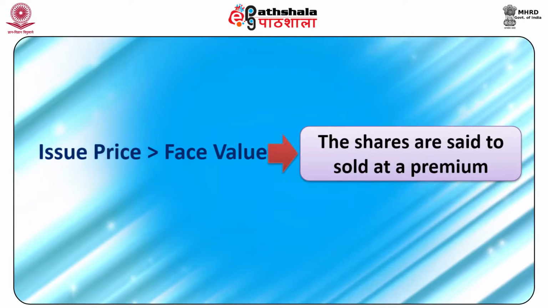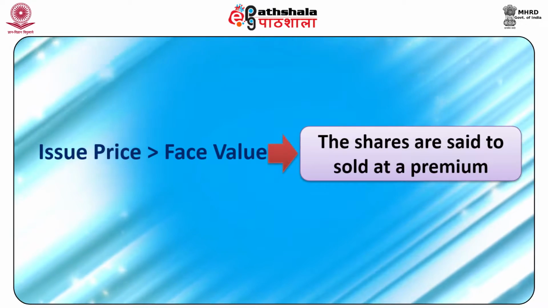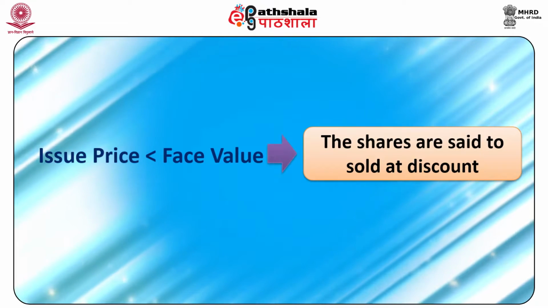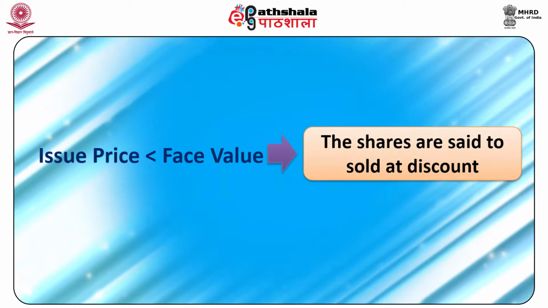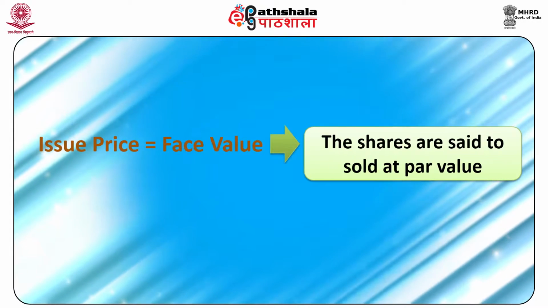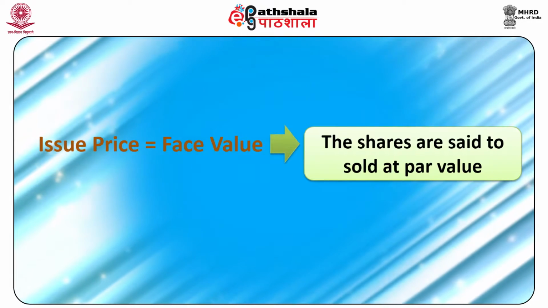For example, if the issue price is more than face value, the shares are said to be sold at a premium. If the issue price is less than face value, the shares are said to be sold at a discount. And finally, if the issue price is equal to face value, the shares are said to be sold at par value.